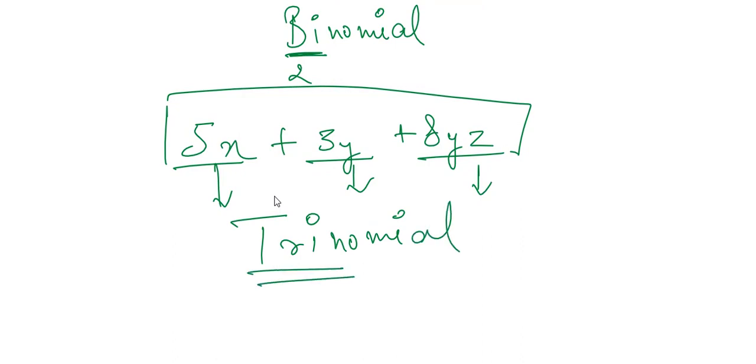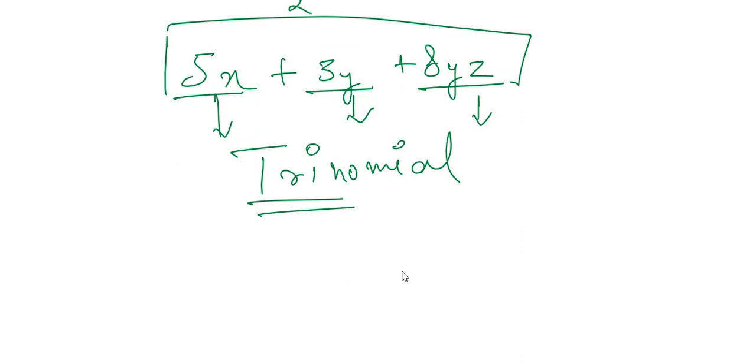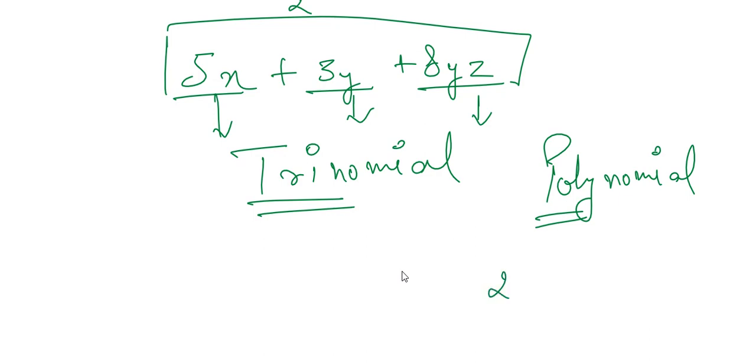These are the basic classification of a few polynomials. Poly means many, more than one. You may call expressions with four terms, five terms, unlike terms, a polynomial as a general term. So it is basically a polynomial classification.